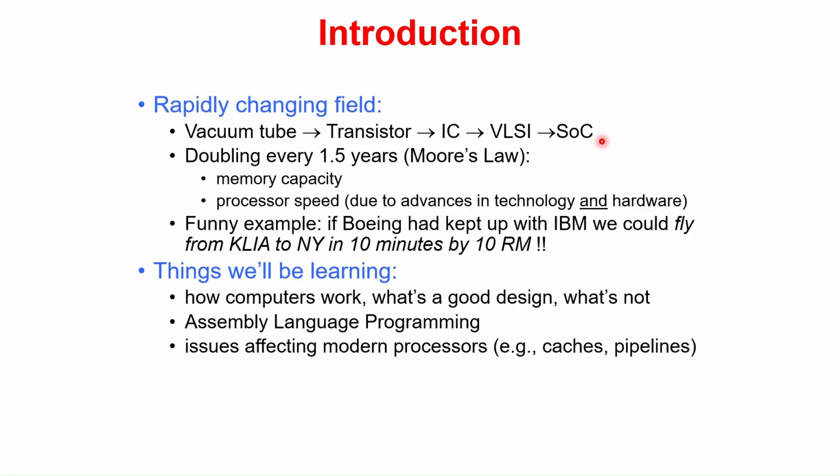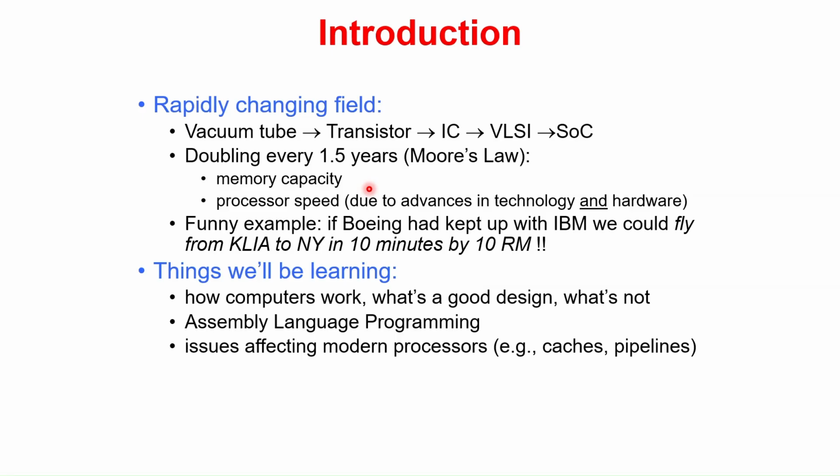A key observation in this field is Moore's law, which states that the number of transistors on a chip doubles approximately every 1.5 years. This has led to exponential growth in both memory capacity and processor speed, driven by advances in technology and hardware designs. If you look at the earliest history, the memory and the processing power increased exponentially based on this law.